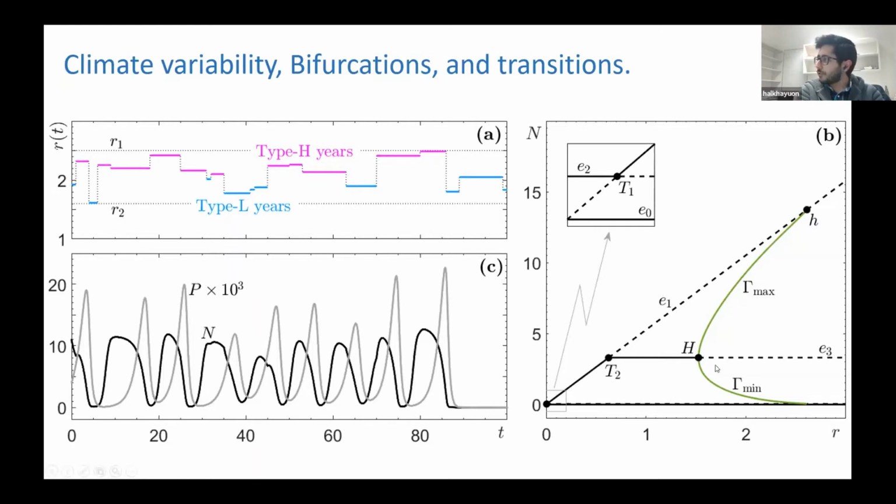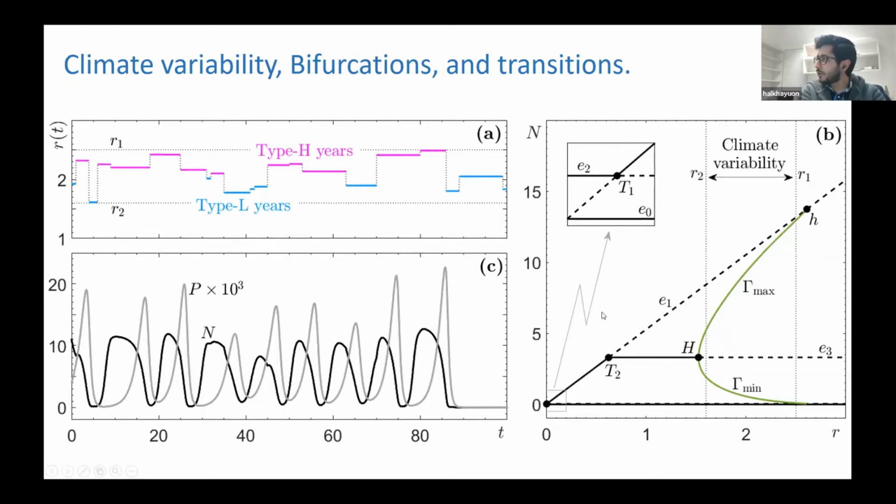This equilibrium goes through a Hopf bifurcation, where it gives rise to a stable limit cycle, and that limit cycle again vanishes at a homoclinic bifurcation. But between the homoclinic and the Hopf bifurcation, the system is going to be bistable.